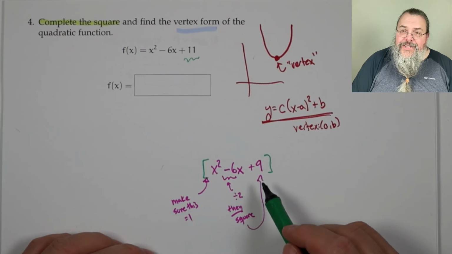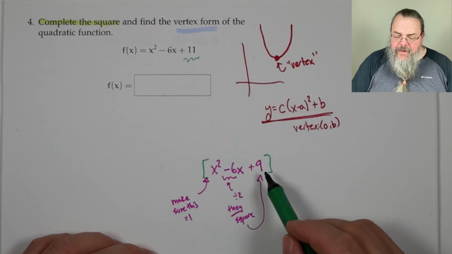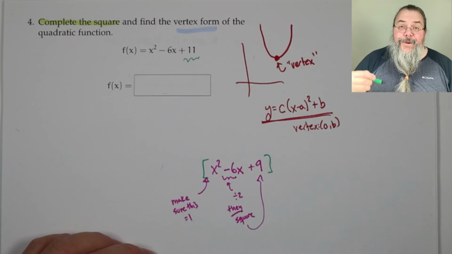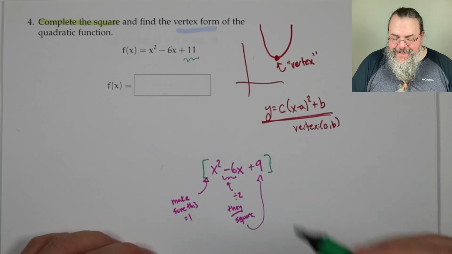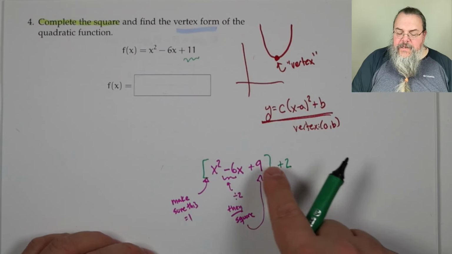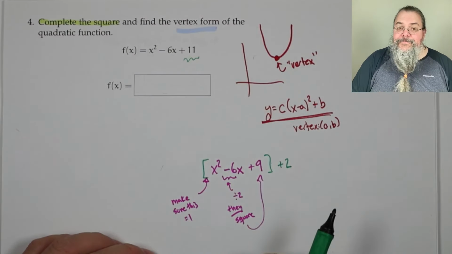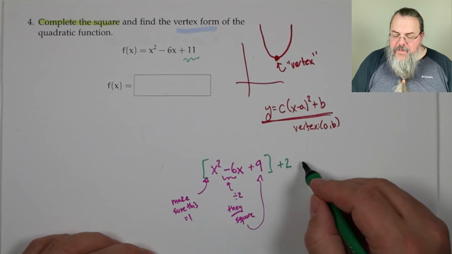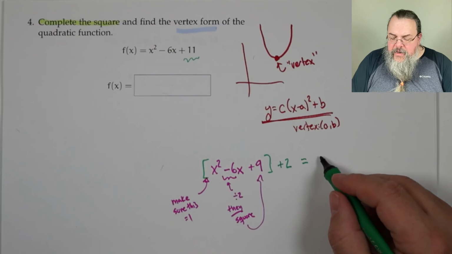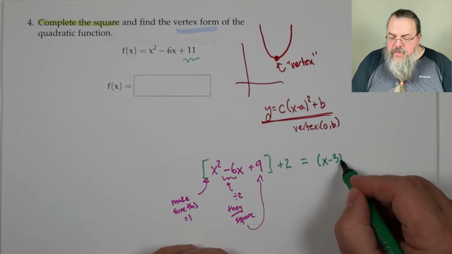Because there's a 1 here, we have a plus 9. How do we turn a plus 9 back into a plus 11? What's short? We're off by 2, so we need to add 2. 9 plus 2 to get 11. And now, what's the punchline? Because of what we added here, this becomes x minus 3 squared.